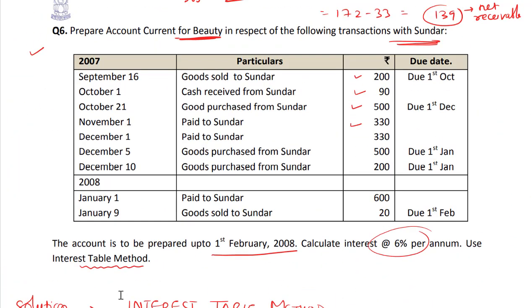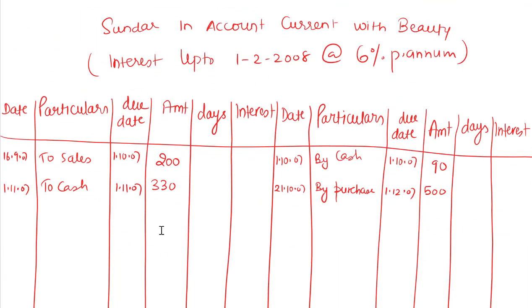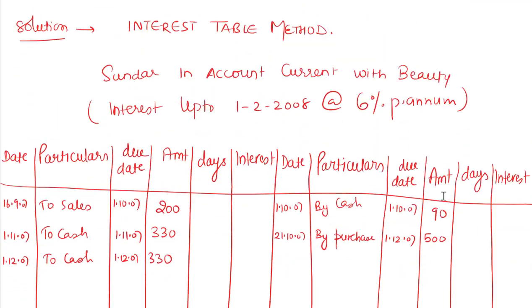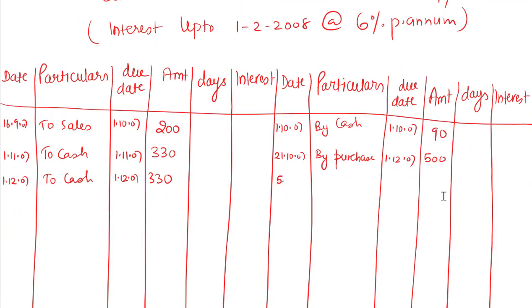Next, paid to Sundar 330 on 1st December. Same on 1st December 07, to cash 330. Next, 5th December, purchase from Sundar 500. The due date is 1st Jan. 5th December 07 purchase, so by purchases 500 and the due date is 1st Jan 08.